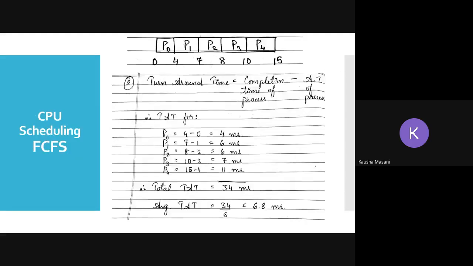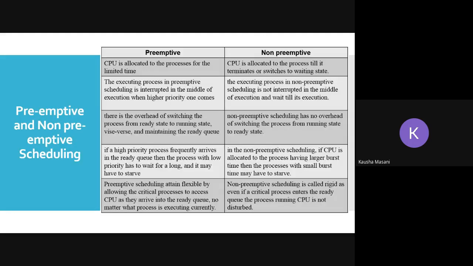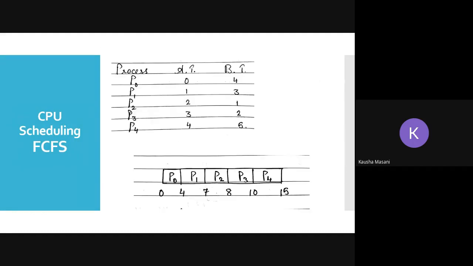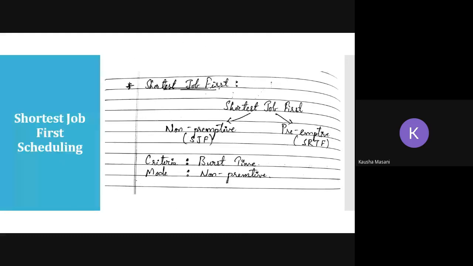That is what we have seen in the difference. It is very rigid because it is not allowing any other process in terms of its priority or anything. Only the ongoing process can have the CPU. The rest all have to wait in the ready queue.